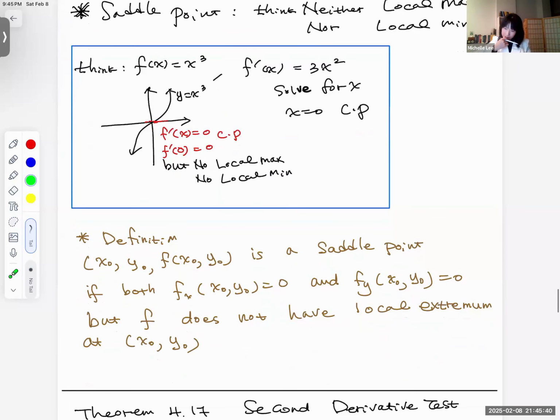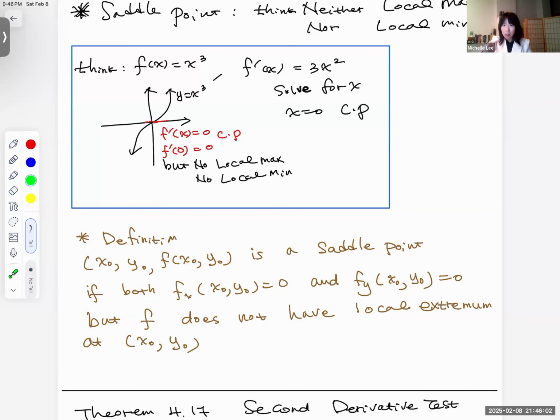We have a definition. Okay. So about the saddle point. So we have a point, it's a saddle point. So 3 coordinates there for x, y, z, right?